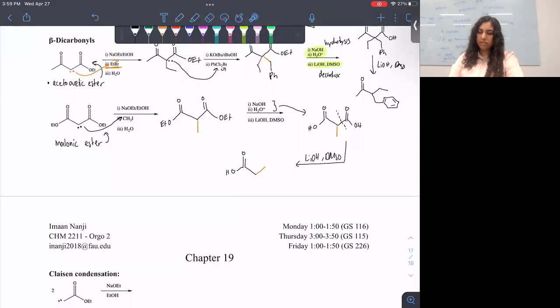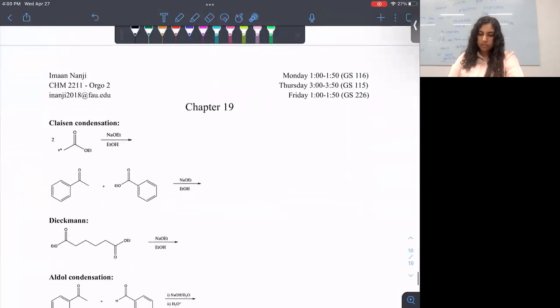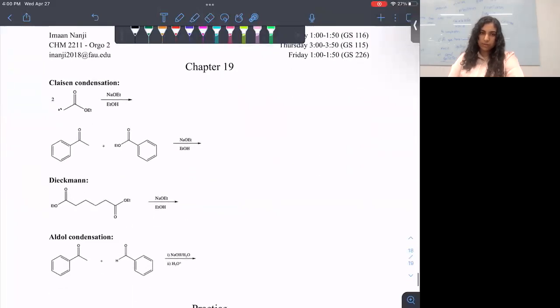I don't think so. I think you just end here as the product. But chapter 19 is the exact same idea. Deprotonate, form an enolate, and then attack other stuff.